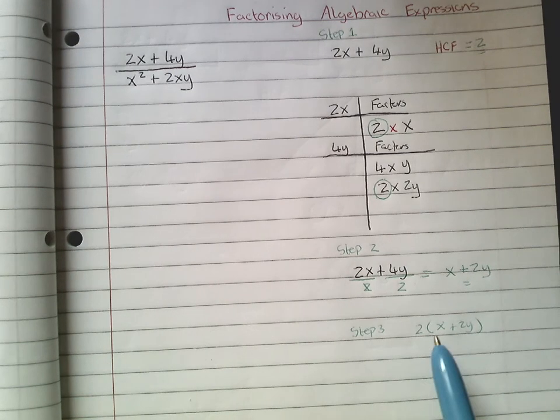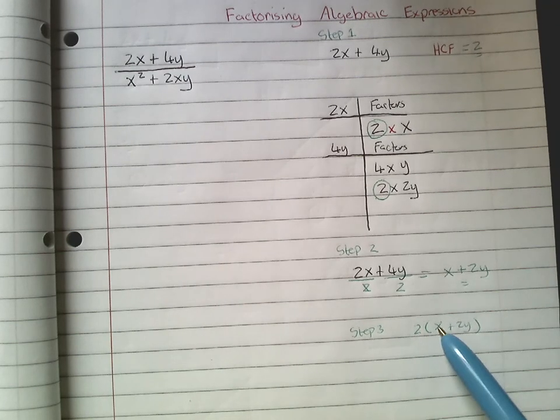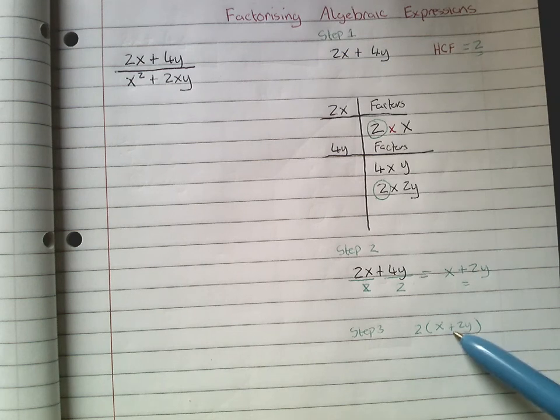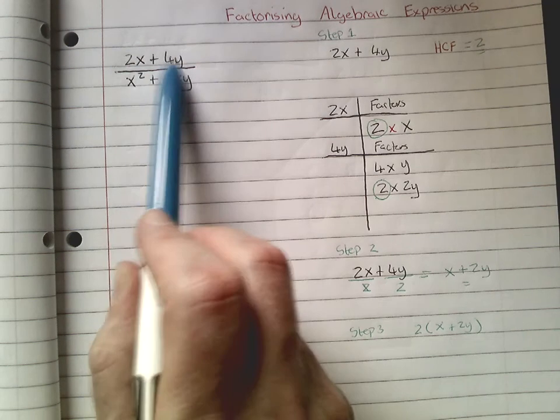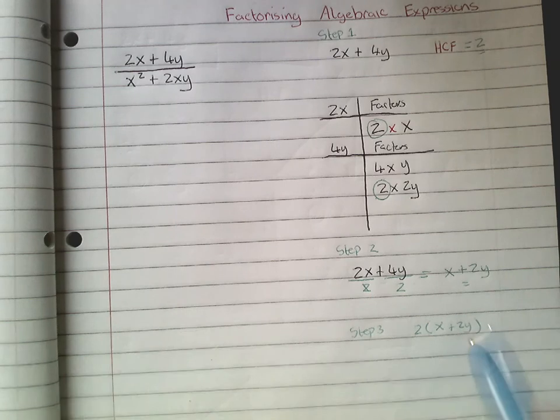Then we can check this: 2 multiplied by x gives me 2x, 2 multiplied by plus 2y gives me plus 4y. So I've taken this top part and factorized it using these steps, and this is it factorized.